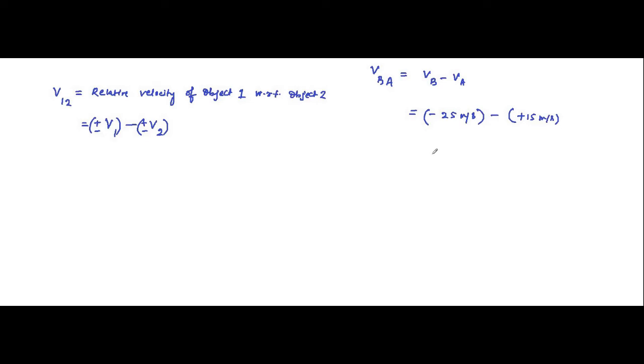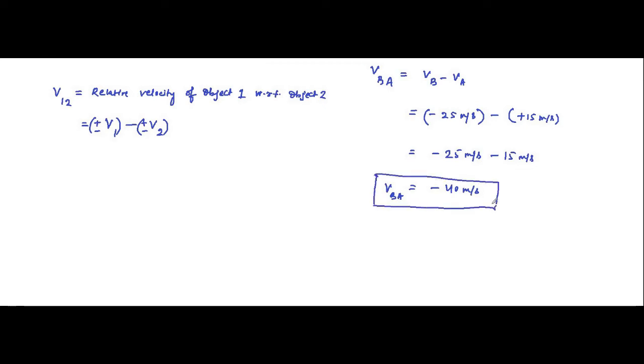So it is minus 25 meters per second minus 15 meters per second, equal to minus 40 meters per second. That is VBA, the relative velocity of train B with respect to train A.